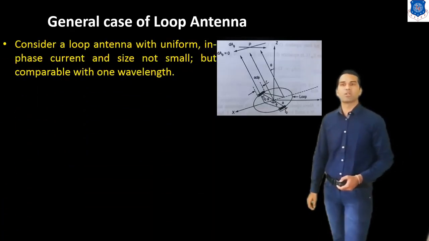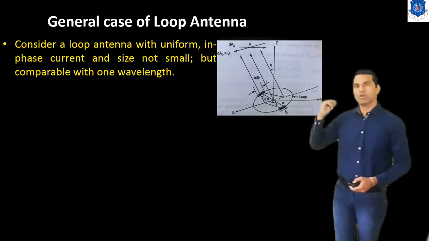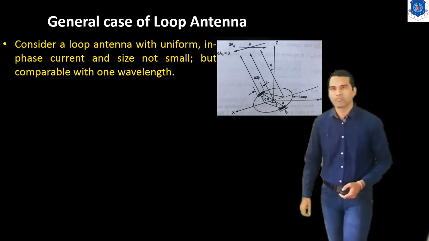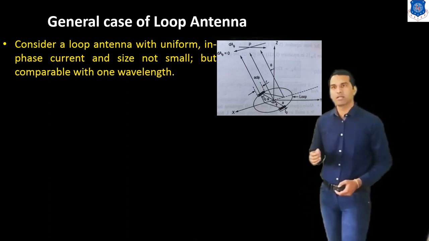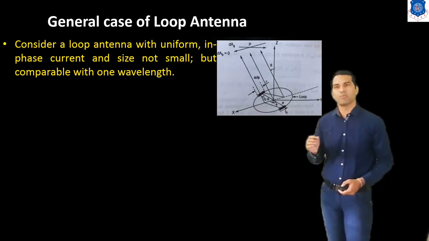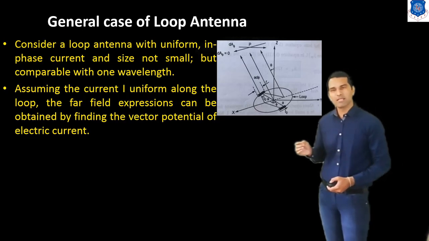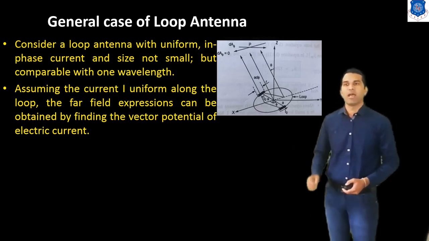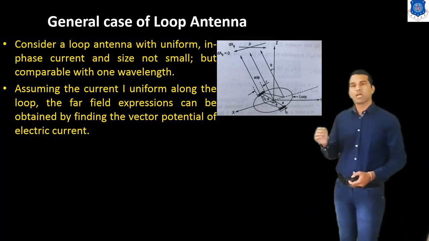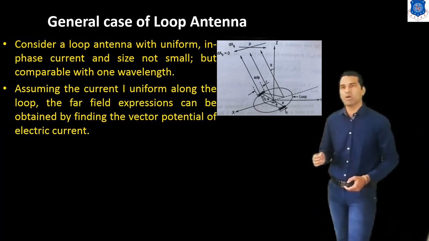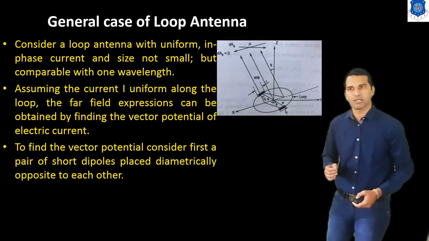Now the general case for the loop antenna. Consider a loop antenna with uniform in-phase current whose size is not small but comparable with one wavelength, so we assume the length of the antenna is one wavelength. Assuming the current is uniform along the loop, the far field expression can be obtained by finding the vector potential of the electric current.